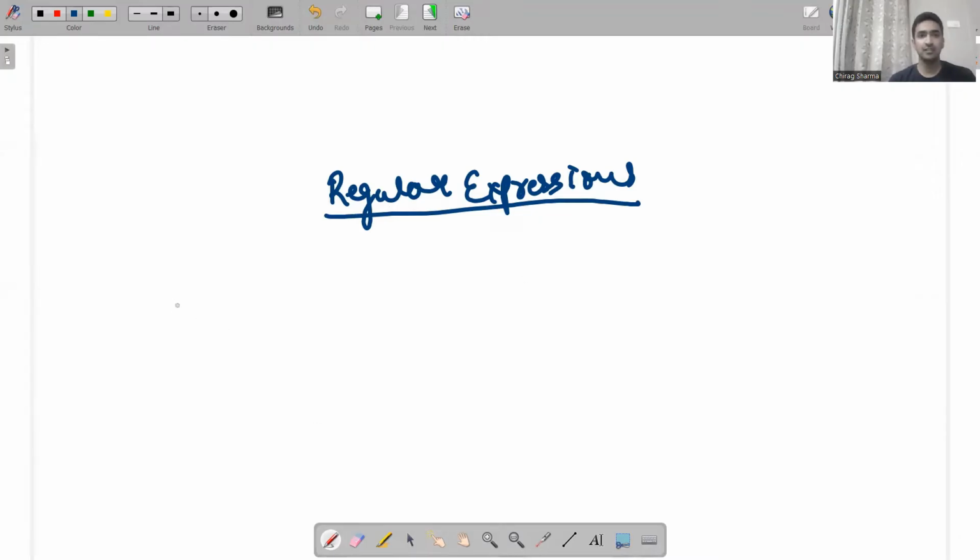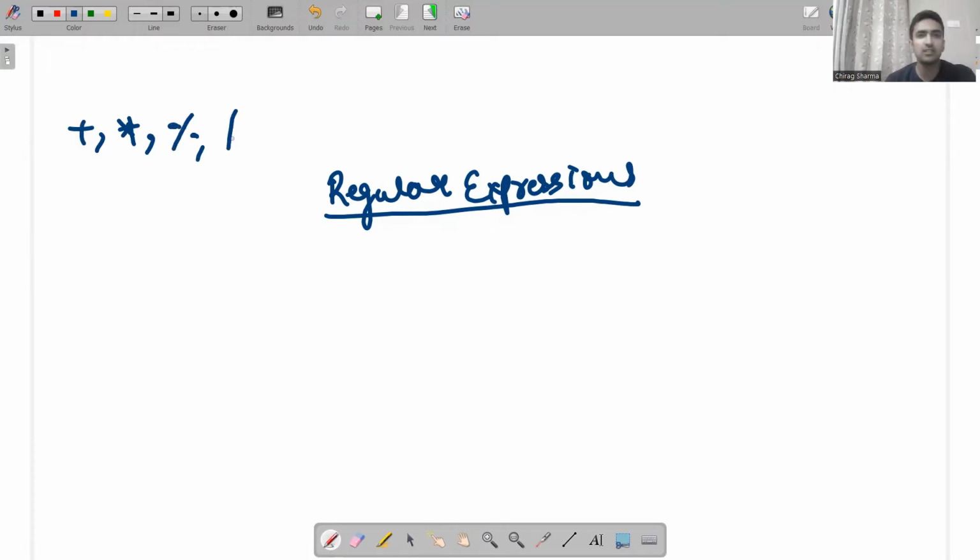So the first important part is, what is the use of regular expressions? Now, we have all the operations of mathematics like plus, multiplication, division, modulus.